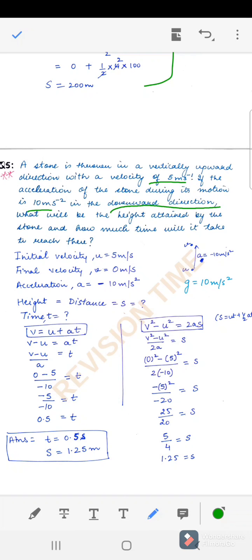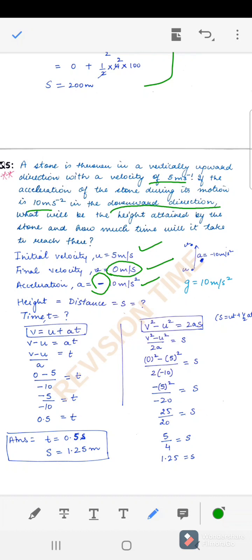So initial velocity we are given is 5 meter per second. What is the final velocity? It is 0 meter per second. Why? Because when the stone is thrown upward, it will be at rest after reaching its height, right? Acceleration is minus 10 meter per second square. This is the main point here. We are given that the acceleration is 10 meter per second square in the downward direction.